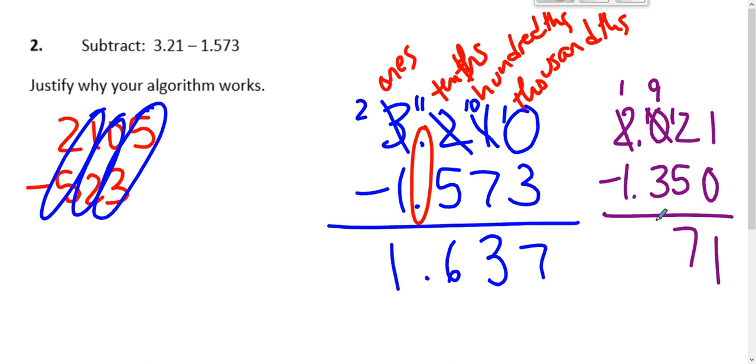And so 12 minus 5 is 7, 9 minus 3 is 6, 1 minus 1 is 0. So the same thing happens if we fall short of decimal places down here. We make sure that there are as many decimal places with the one number as there are with the other number so that we can subtract either this way or that way. It doesn't really matter. So those are two things to keep in mind when you're subtracting.